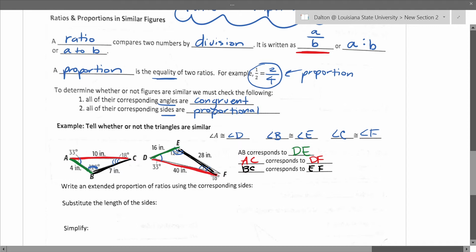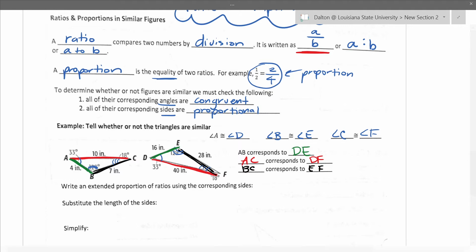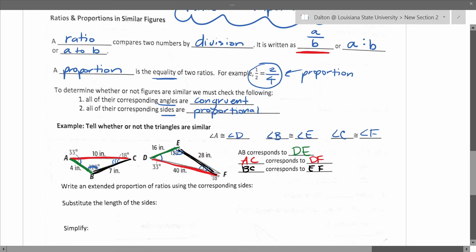Okay, so now it says write an extended proportion of ratios using the corresponding sides. So what that means is a proportion is just a fraction equal to a fraction. So if it's an extended proportion, that means it can be more than 2 fractions. So AB corresponds to DE. And if these figures are similar, that ratio should equal AC corresponding to DF, and that should equal BC corresponding to EF.